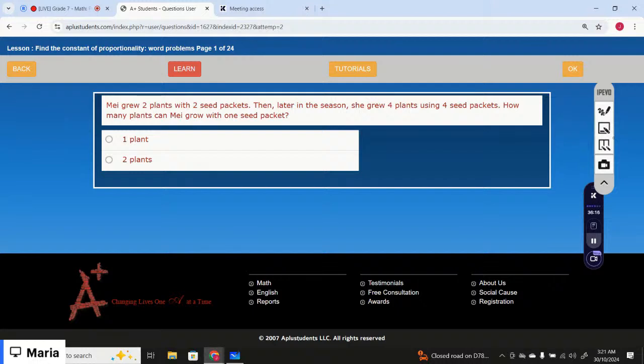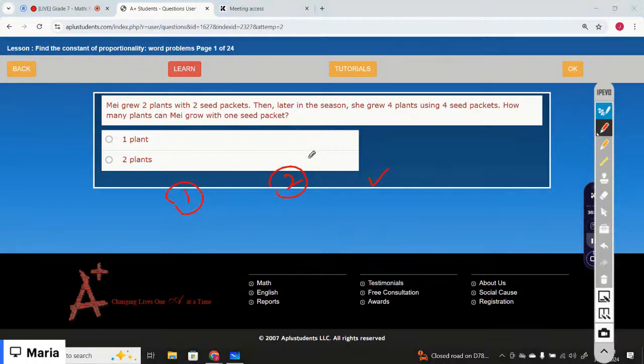So that means she can grow two plants. X is plants, two plants, Y is two seed packets, right? And then four plants with four seed packets. You have to calculate Y by X. That is the constant of variation. So that is one. So how many plants can May grow with one seed packet? With one seed packet, she can grow only one plant, right?